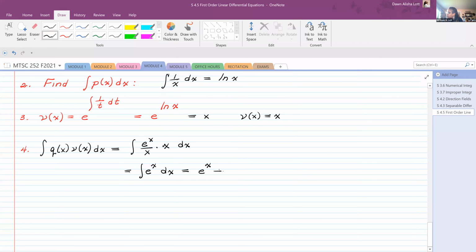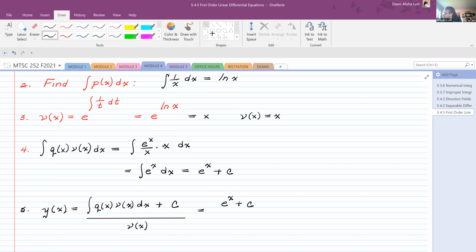All right. So now we get our answer. Y of x is equal to the integral of q of x times nu of x dx plus a constant, divided by nu of x. So we get e to the x plus a constant, divided by x.